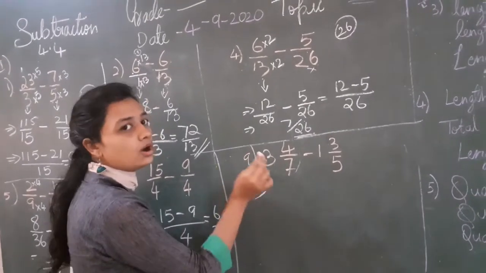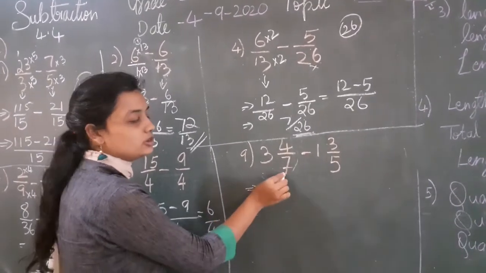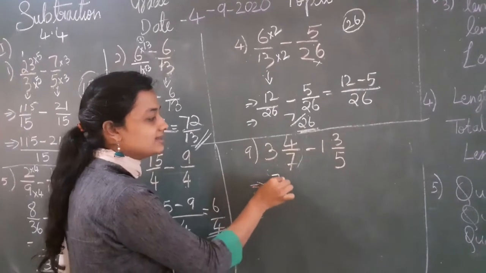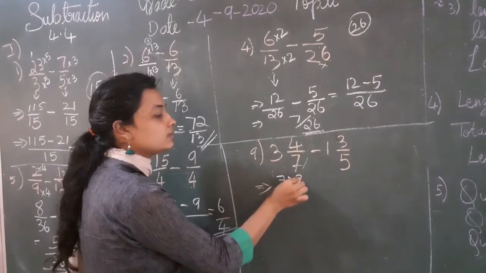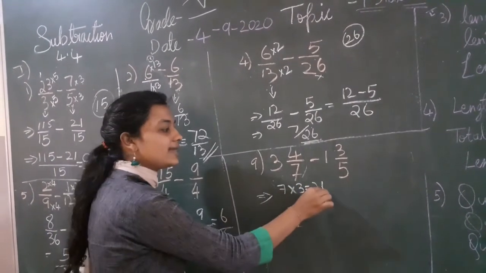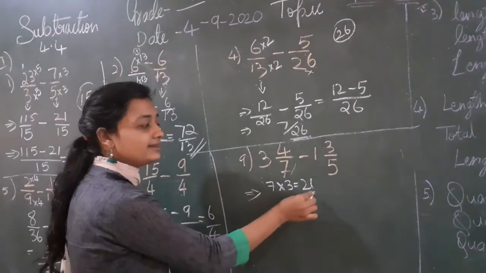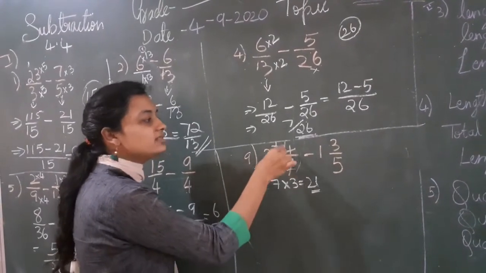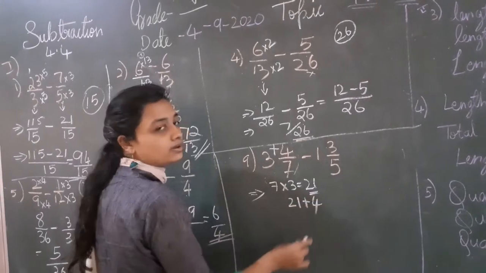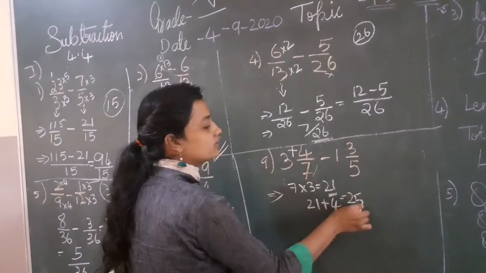I have to multiply the denominator and the whole number. That is 7 into 3. What is the answer? 21. That I should add with the numerator. What is 21 plus 4? 25.